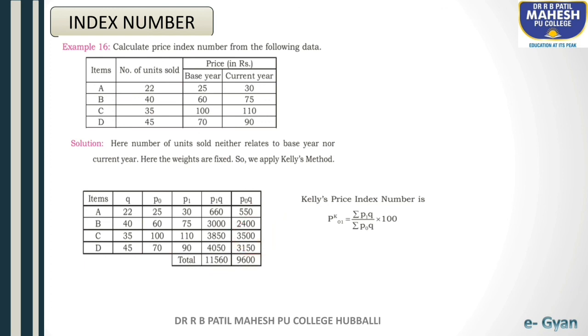Now substitute the values. Summation P1 Q is 11,560 and summation P0 Q is 9,600. So 11,560 divided by 9,600 into 100. The final answer is that Kelly's price index number P01 is 120.417.